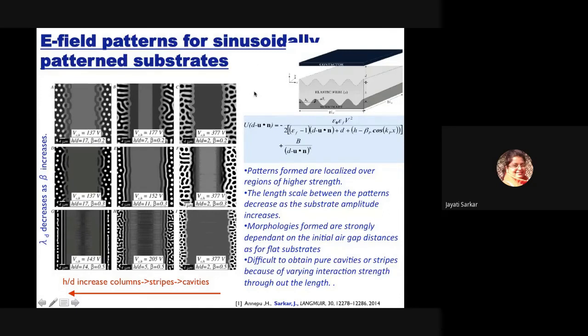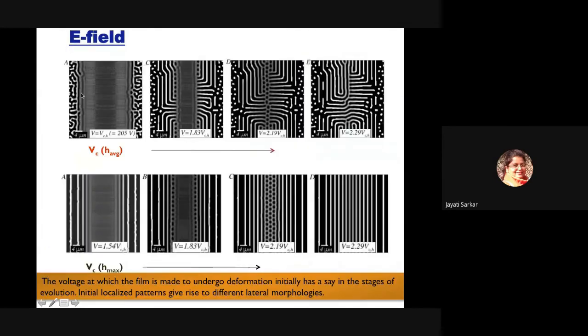So what we wanted to do was ramp up the voltage and see what is happening. One can see that if one ramps up the voltage, the patterns that initiated at the edges could reach the regions where they were not present before. So it was moving radially inwards because the voltage was being pushed up, and in these cases one can see that all the three properties that we have seen, cavities, labyrinths, and columns, are forming and present in a single film.